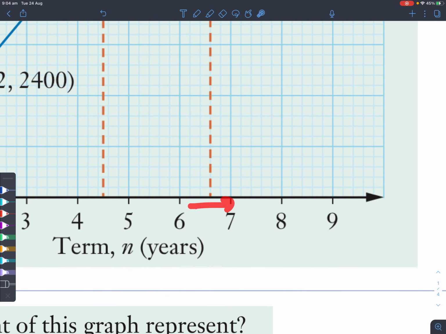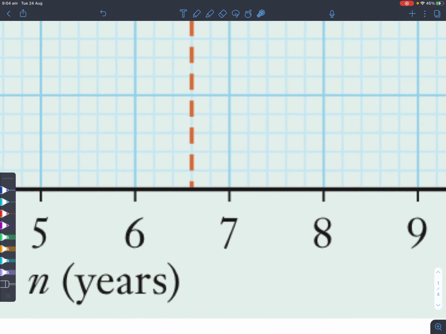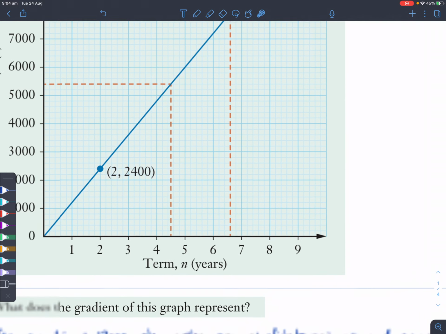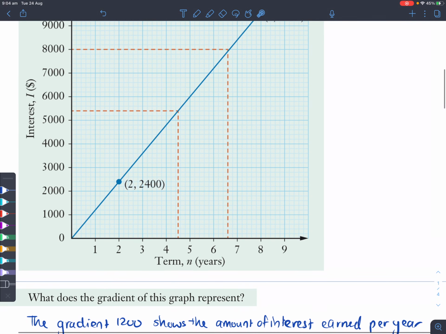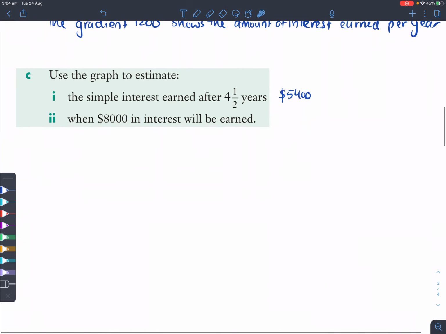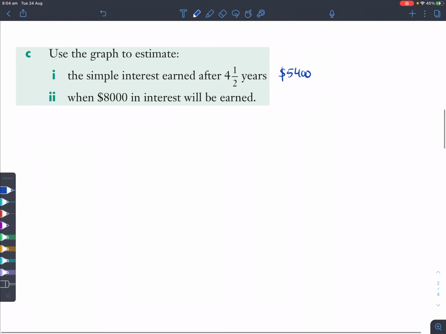Again, there are 5 squares here, which means each space is 0.2. So this will be 6.2, 6.4, 6.6, 6.8, 7. This number here is 6.6. So the answer is it takes 6.6 years to reach $8,000 in simple interest.